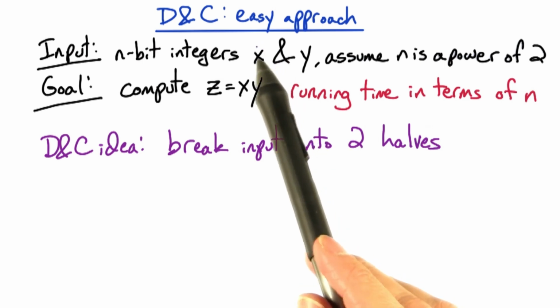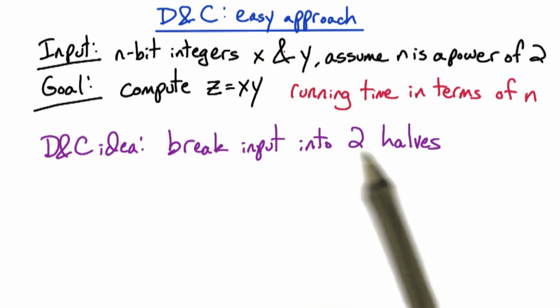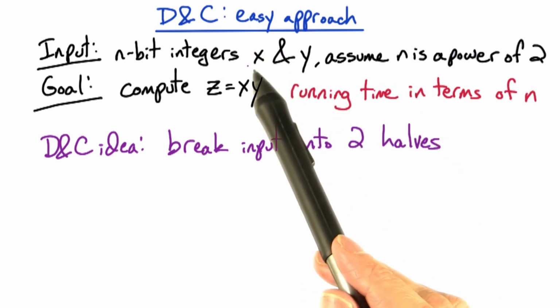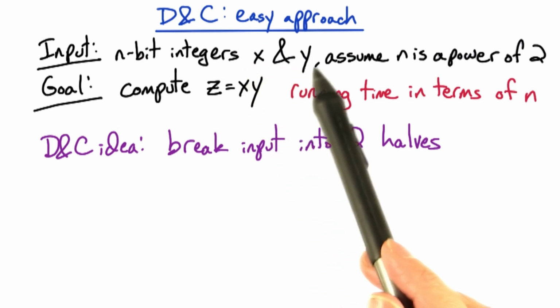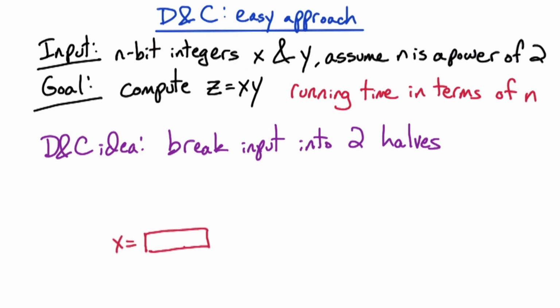Well, we can't break it into x separately from y. So what do we do instead? We break x into two halves, the left half of x and the right half of x, and similarly for y. x is an n-bit number. How do we break it into two halves? Well, we look at the first n over 2 bits and the last n over 2 bits. And we take these first n over 2 bits and we call that a new number, xL. That's the left side of x.